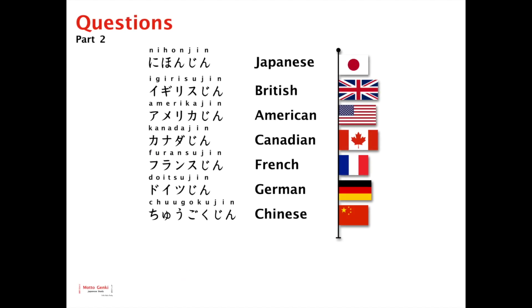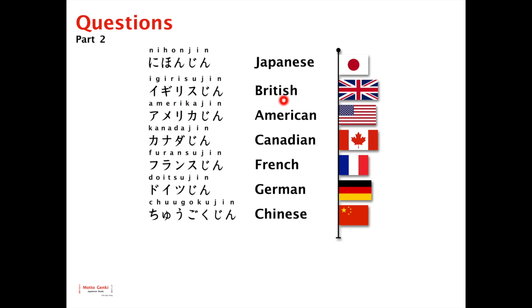So here we have some nationalities. There is Japan, which in Japanese is Nihon. So Japanese person is Nihonjin, Japanese. Britain is Igirisu.